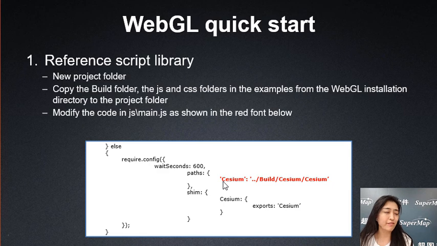We have already modified it for you, so you do not need to do anything for this step. It is only needed when you create a new project folder. This step, I have done for you.